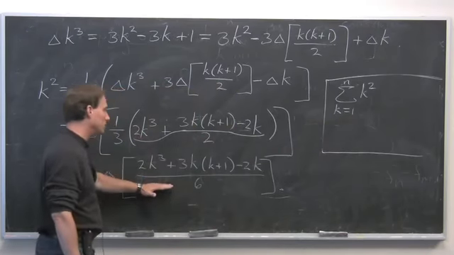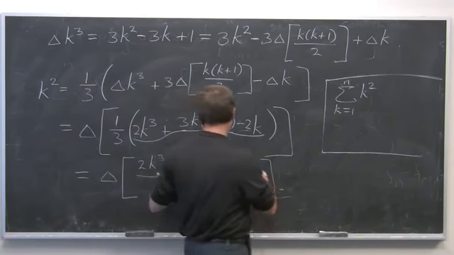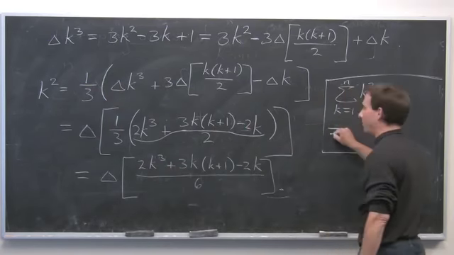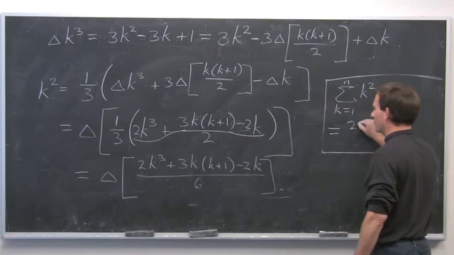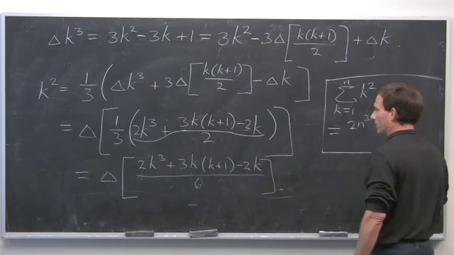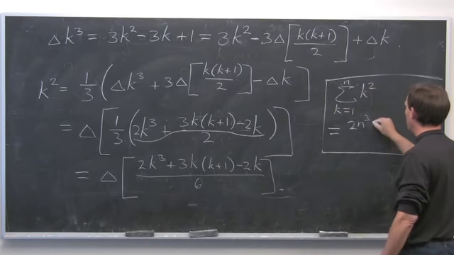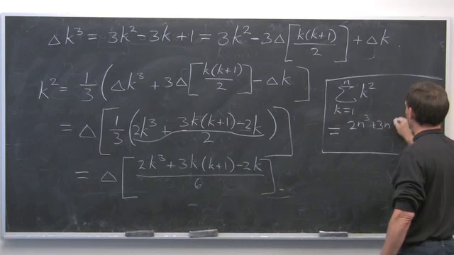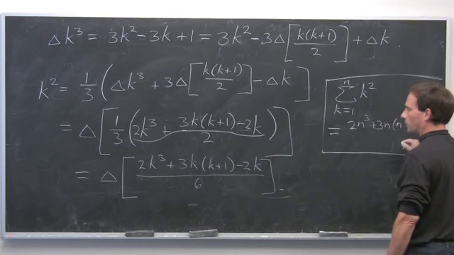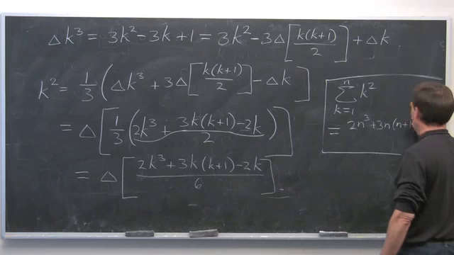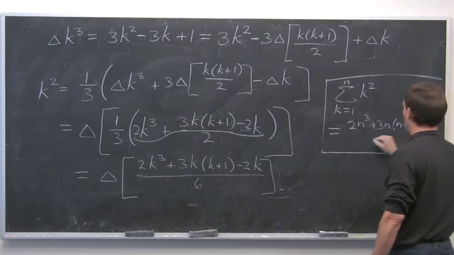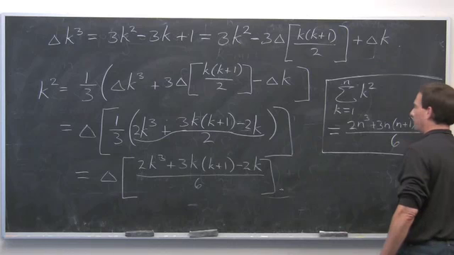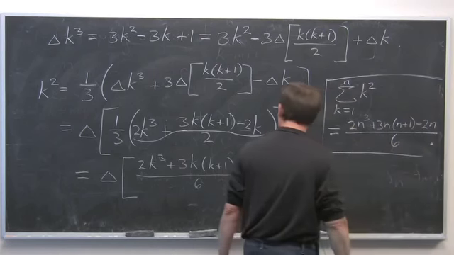But when k is 0, this is 0. So again, you just put n in for k. This is not the nicest way to write this. It would be nicer to factor out some terms, but I'll just go ahead and write it like this. 2n cubed plus 3 times (n plus 1) minus 2n all over 6.